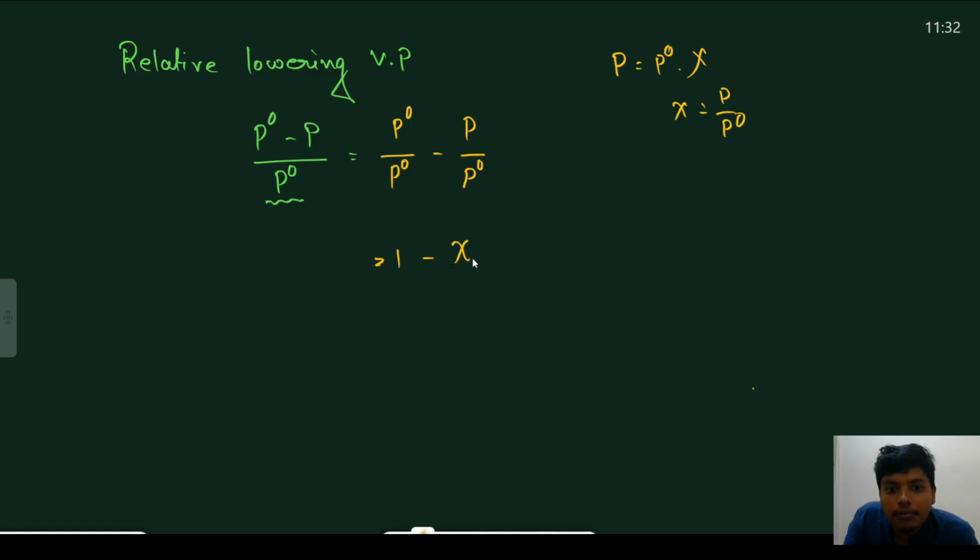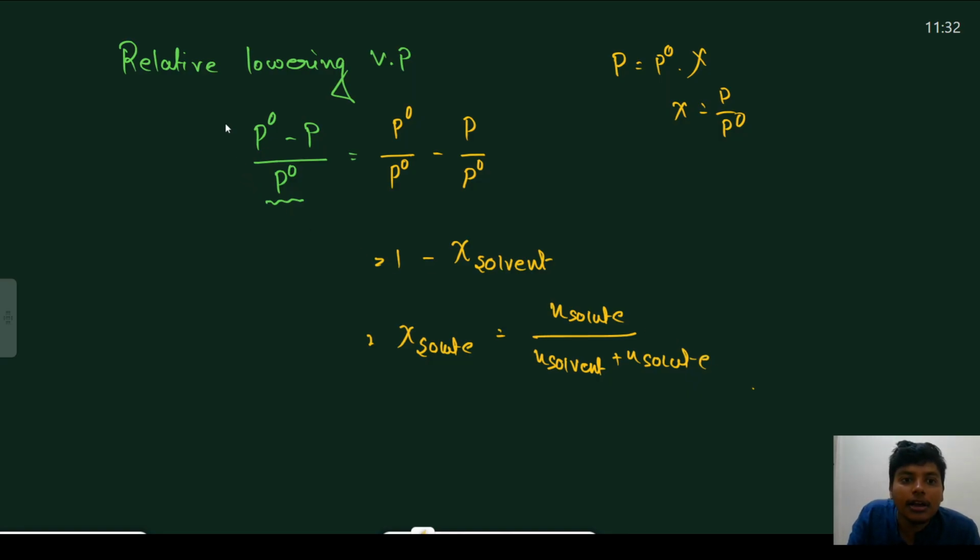So 1 minus mole fraction of solvent means mole fraction of solute. And mole fraction of solute is equal to number of moles of solute divided by number of moles of solvent plus number of moles of solute. So see, relative lowering of vapor pressure depends on the number of solute. Clear or not?